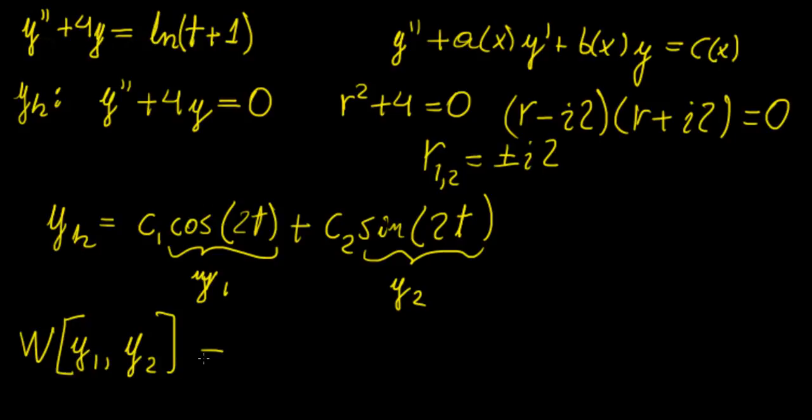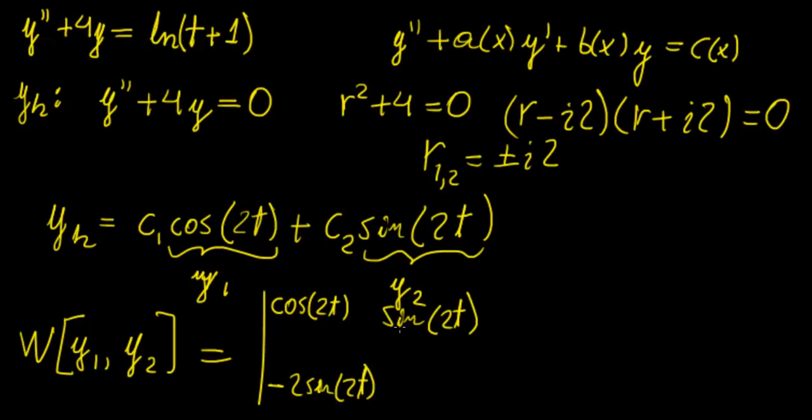The Wronskian of these particular solutions is going to be the determinant. So here we have cosine of 2t, here we have sine of 2t, and now we differentiate these and put them in the second row, so the derivative of this is going to be -2 sine 2t, and the derivative of this is 2 cosine 2t.